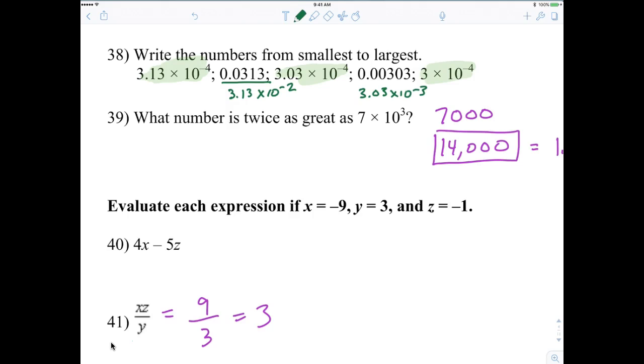Everybody with me? They're not negative this time. Yesterday, they were negative. Right now, they're not. So 3 is smaller than 3.03 and 3.13. Everybody make sure you're hearing me on that. Is everybody okay with that? So again, the smallest would be what? 3 times 10 to the negative 4. Right? Then it would be what?